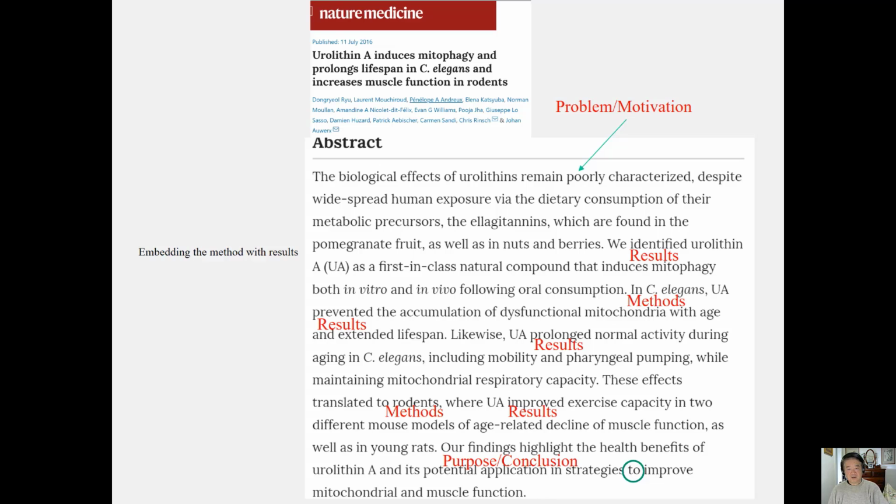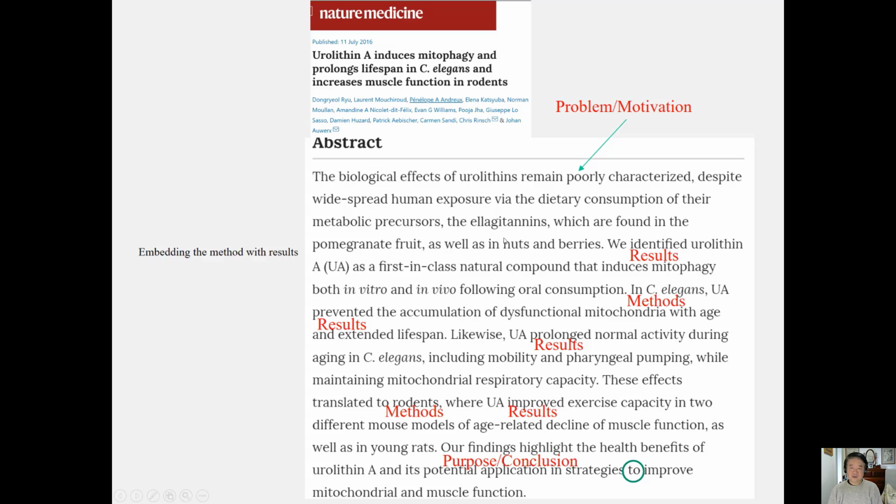You can see here, in the first sentence, they point out the problem, which is that the biological effects of urolithin remain poorly characterized. So when we see poorly, it means this study will study urolithin's biological effects despite widespread human exposure, etc. This is a very different style from the previous one.